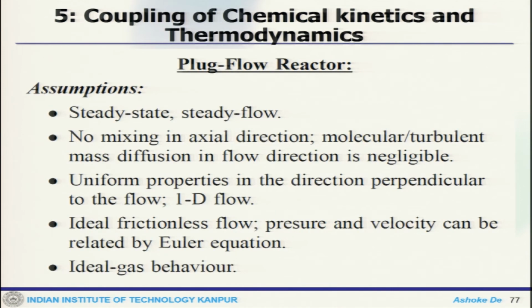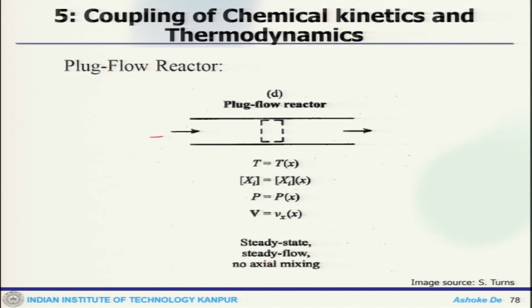So, the assumptions are: steady state, steady flow, no mixing in the axial direction, molecular and turbulent mass diffusion in the flow direction is also negligible, uniform properties in the direction perpendicular to the flow, that means it essentially talks about one-dimensional, ideal, frictionless flow. So, pressure and velocity can be related by the Euler equation and it follows ideal gas behavior. So, that is the schematic of the system.